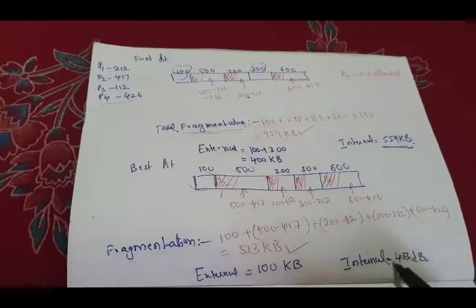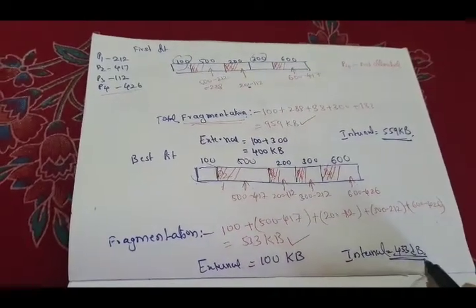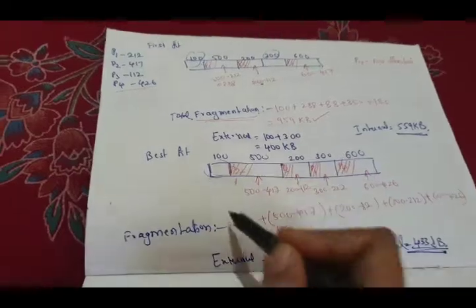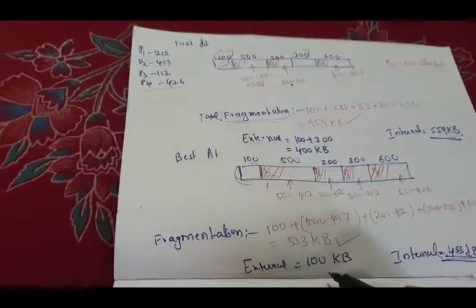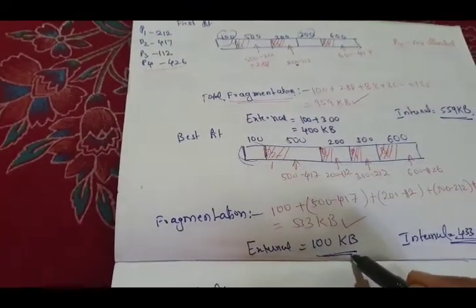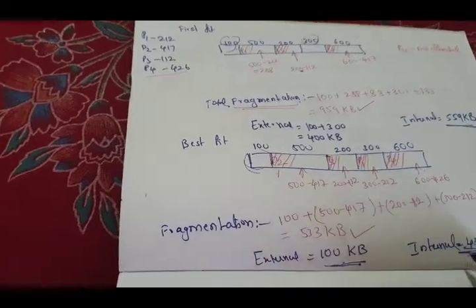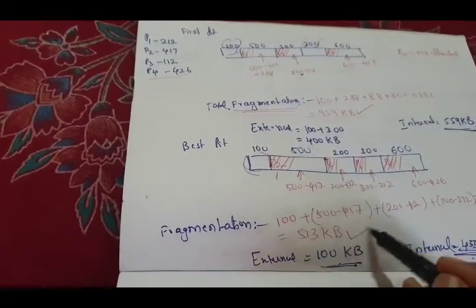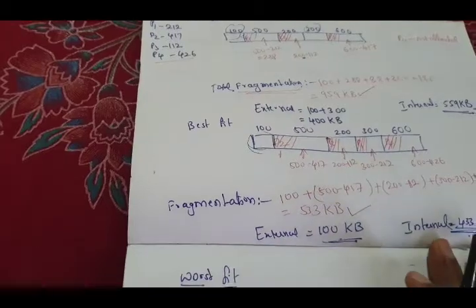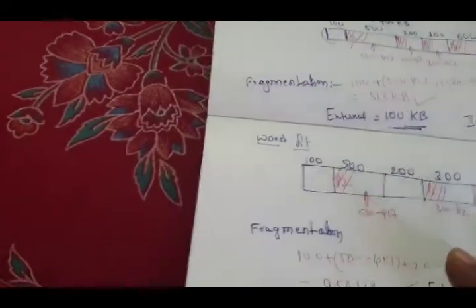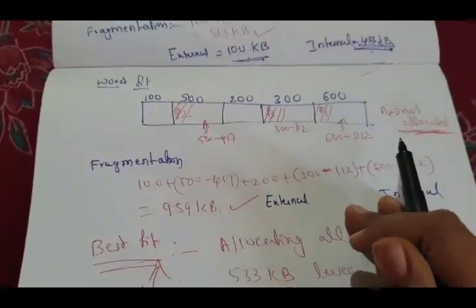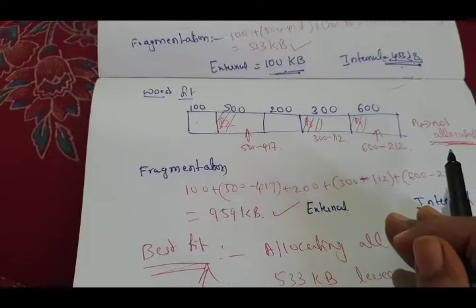This gives you a sum of 433 KB, which is the internal fragmentation. External is one whole block left out, so that itself is the external, 100 KB. When you take the sum of these two, 100 plus 433, we get the total fragmentation size here. So we can compare using the external and internal fragmentation also.